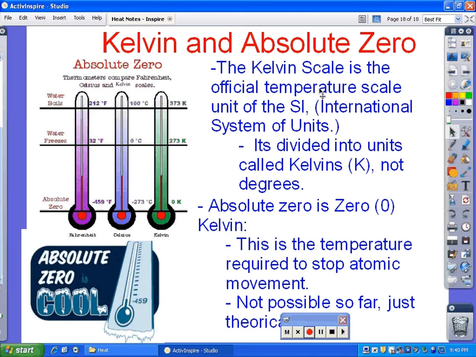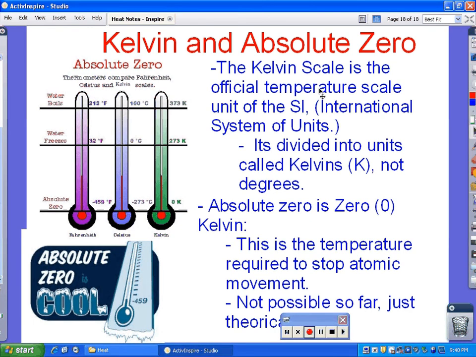And the last temperature scale is more recent. It's called the Kelvin scale, and it's the official temperature unit of the International System of Units, which is what everybody in the world tries to use. But we don't really use the Kelvin, and it's not a practical unit for your everyday temperatures.